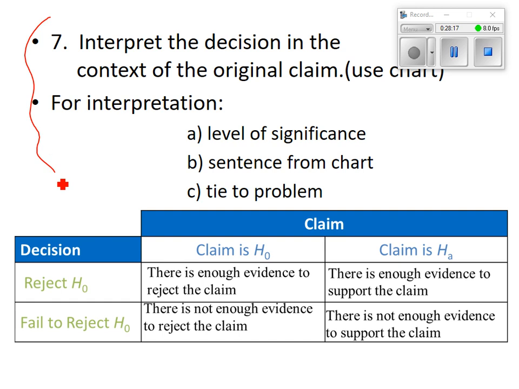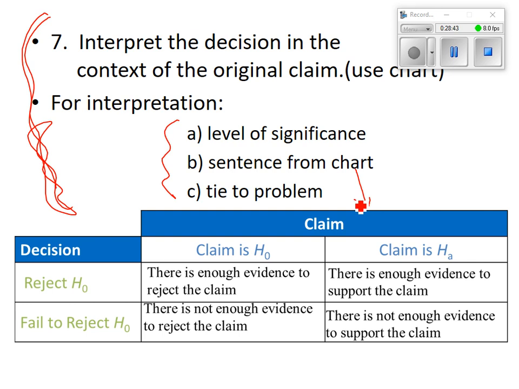We should have said hello. Number 7, to do the interpretation. I highly suggest you write down these 3 things for your interpretation. The 7th step. This is what we're going to write each time, and I'm going to show you how to do it as we go. First part of the sentence is going to talk about the level of significance. Second part is going to be the sentence from this chart.